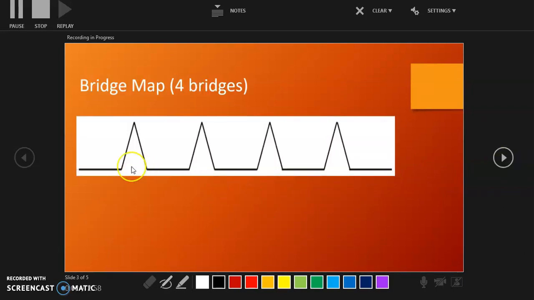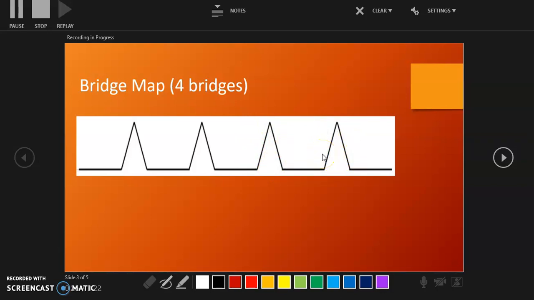Right, so this is what we call a bridge map. And then in brackets, it says 4 bridges. Now the bridges is this thing over here that looks like a triangle. So this is our very first bridge. Over here is a second bridge, and then a third bridge, and then our fourth bridge.